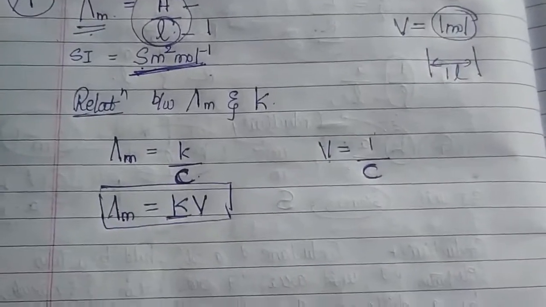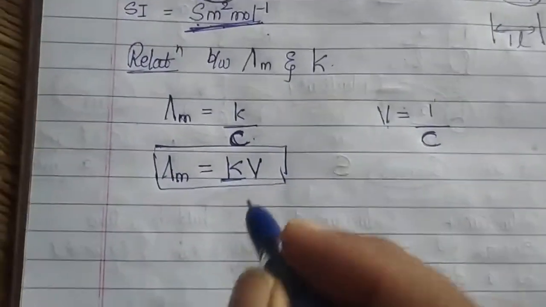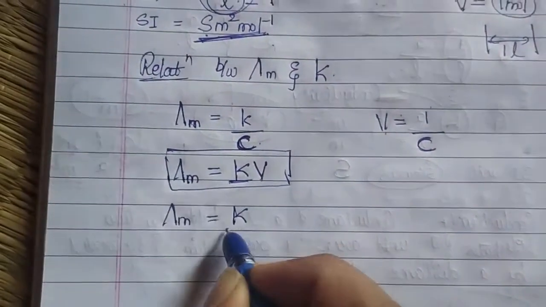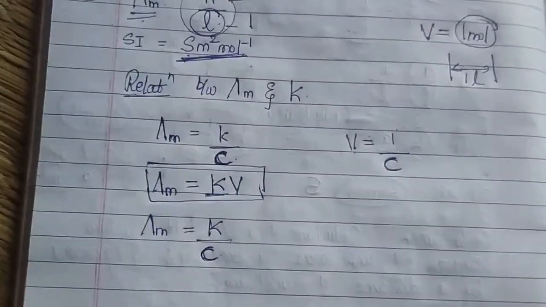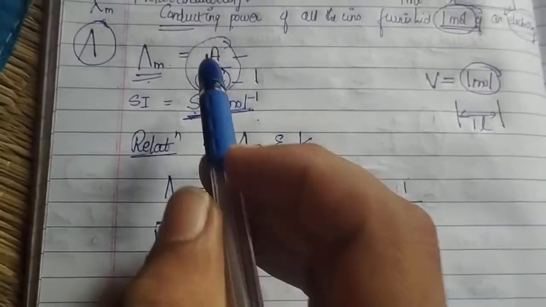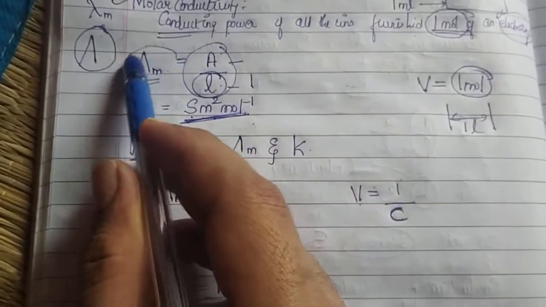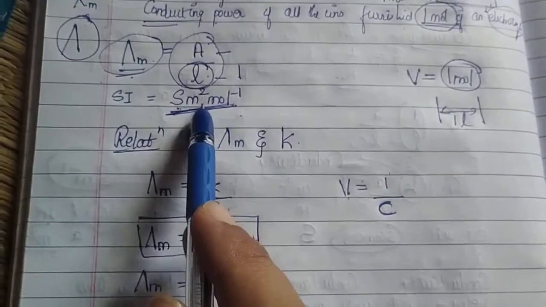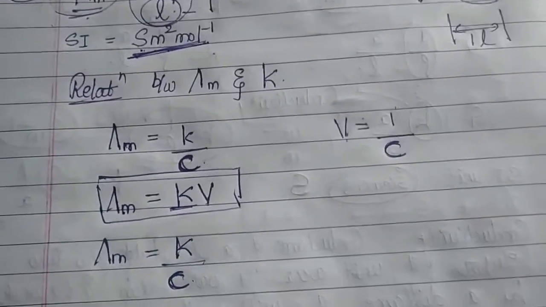Why is it so? For example, let me take the expression lambda m is equal to K divided by C. As we have seen, the molar conductivity's unit is Siemens meter square per mole. Yes or no?